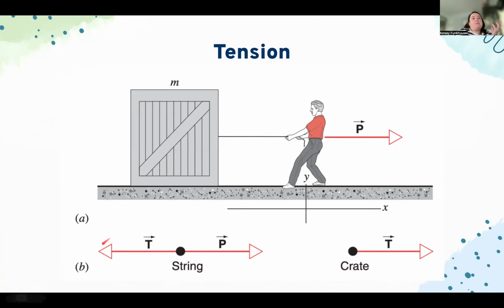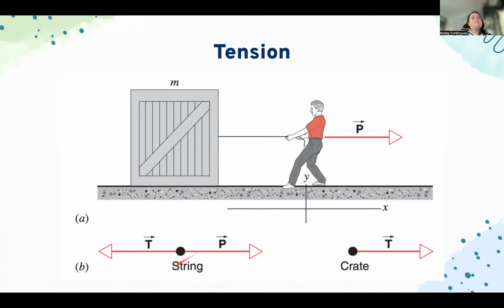And remember also, you can think of tension as a third law action-reaction pair because the things that are attached to it or being pulled by it experience the force equally but in opposite directions.